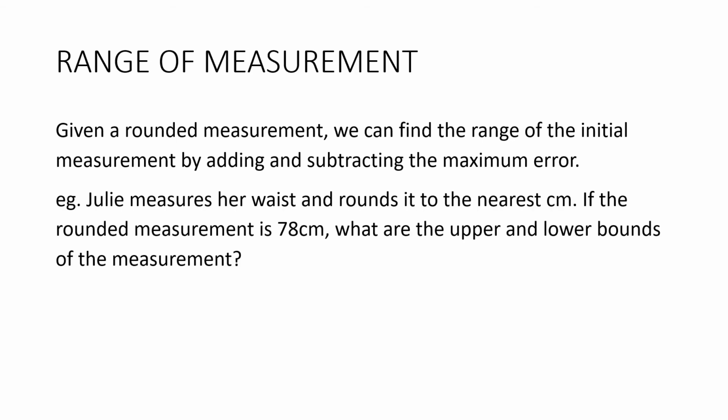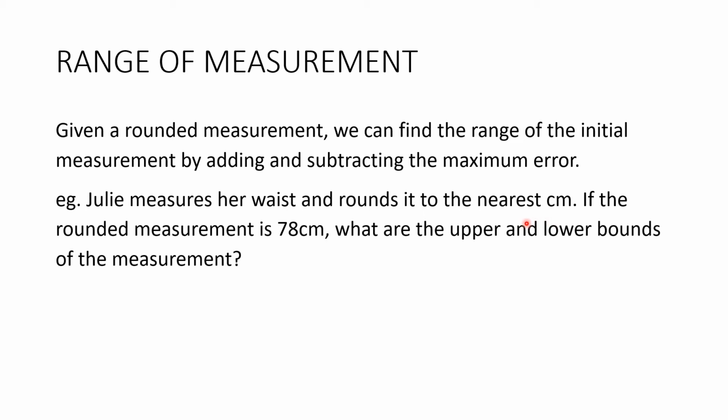Here's an example. Julie measures her waist and rounds it to the nearest centimetre. If the rounded measurement is 78 centimetres, what are the upper and lower bounds of the measurement? They mean, what could it have been before it was rounded? Okay, so we need to work out the smallest unit and then the maximum error. The smallest unit is 1 centimetre.